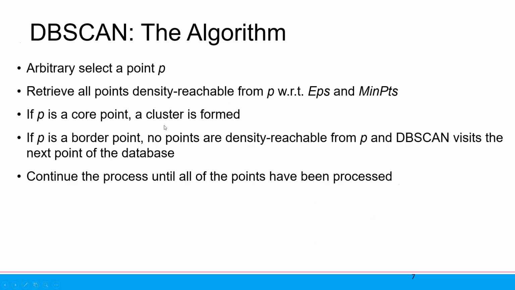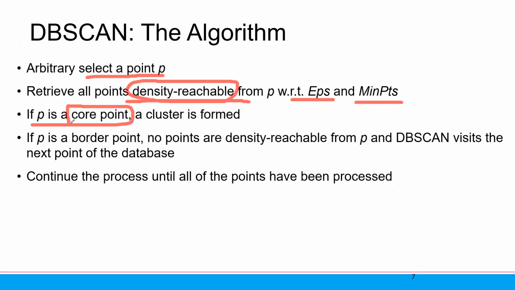So the algorithm works like this. First, we select the point, and then we retrieve all points. How can we check the density reachable? We need to check based on the EPS and the minimum points. What is a core point?